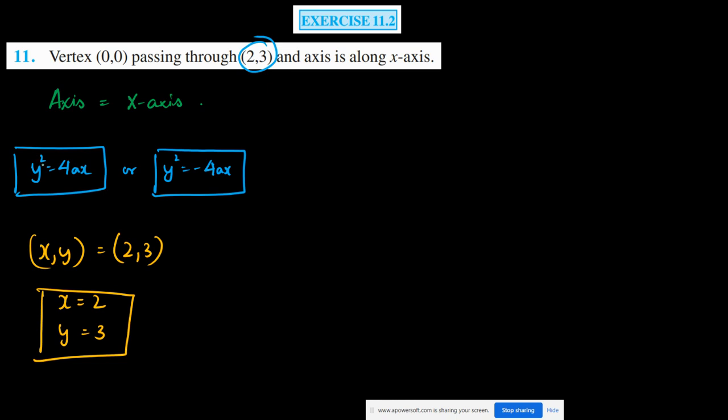If y is equal to 3, so 3 square is equal to 4 multiplied by a multiplied by x, right? What is the value of x? The value of x is 2. So I will be getting 9 will be equal to 8a, and a is going to be equal to 8 over 9.